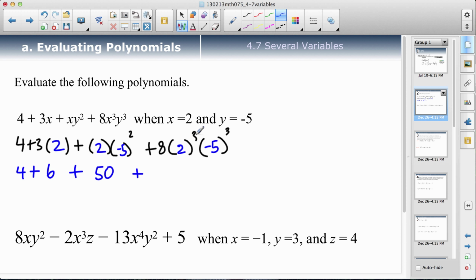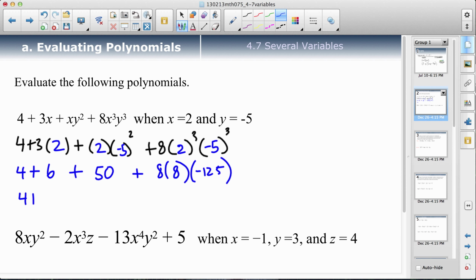Plus 2 cubed is 8. I can't do this one all in my head. And negative 5 cubed would be negative 125. Oh, great. Okay. So if I multiply this out, this will be about 1,000 times 8, so about 8,000 with a negative.